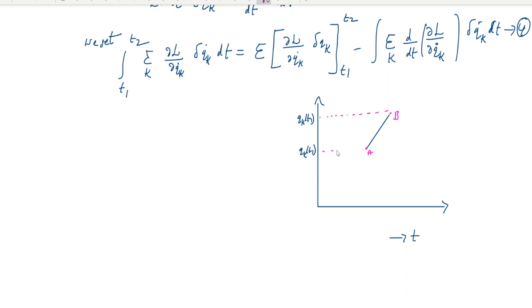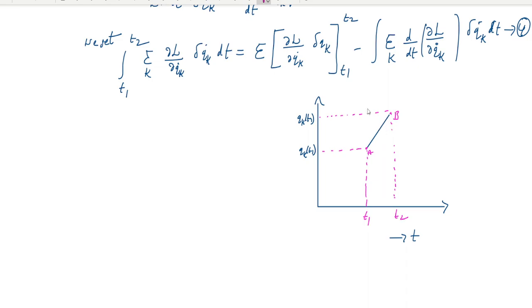Okay, these are the positions. This one is at the time starting t1. This one is at time t2 position. Here this straight line is there, right?